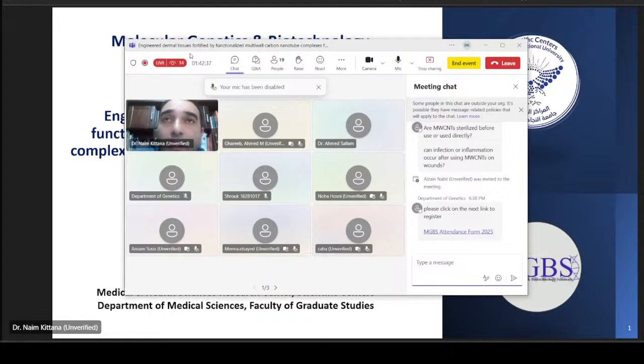We will test the expression of certain inflammatory mediators and growth factors that are crucial for wound healing, and try to make associations between these factors and proteins and the extent of wound healing. Actually, this will be interesting to know.